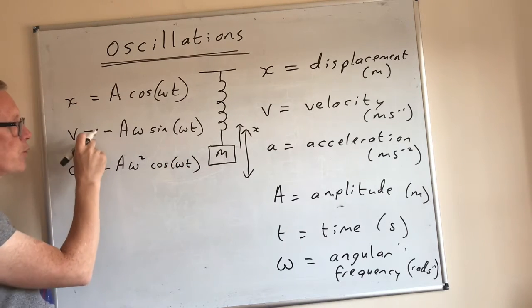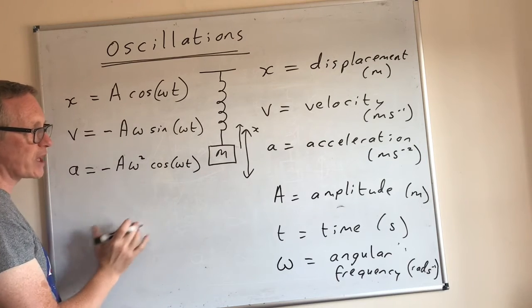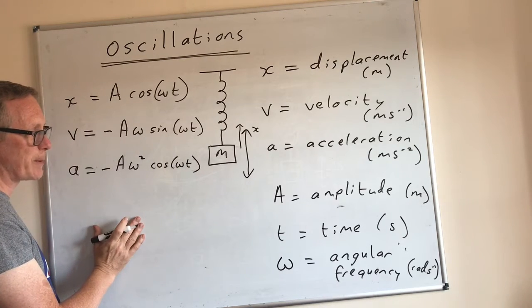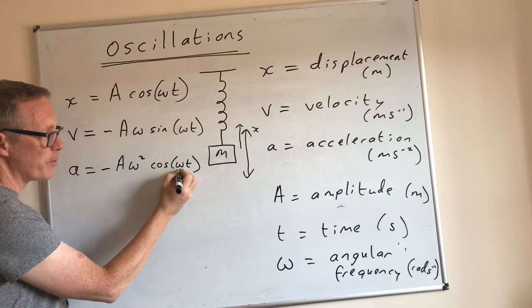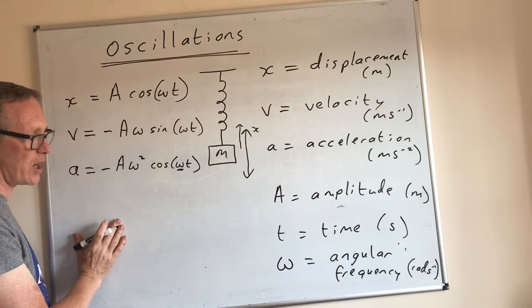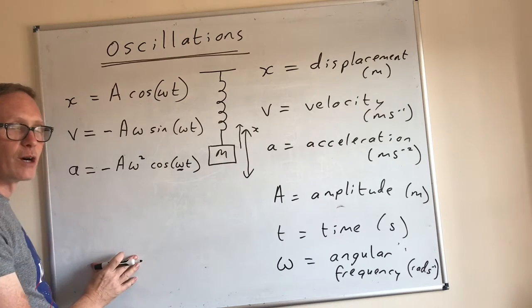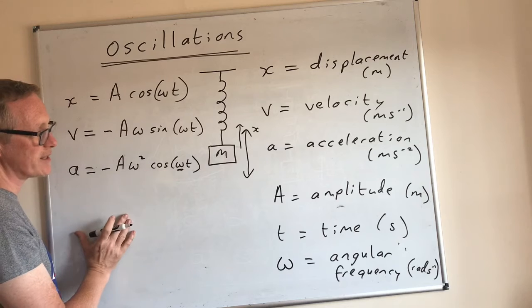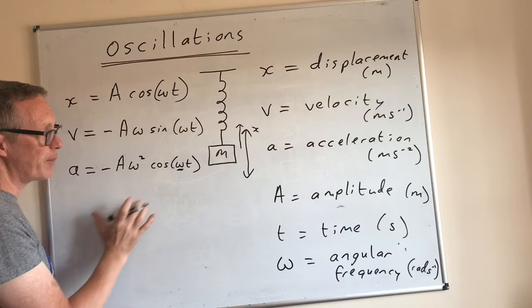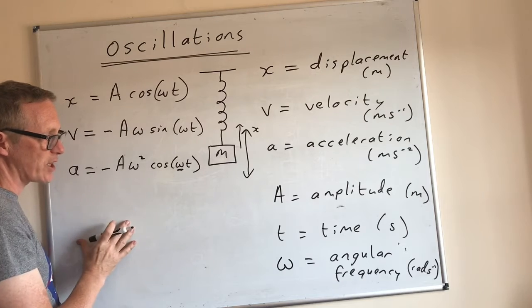These three equations predict the way that the thing will oscillate as time progresses. If omega is annoying you, I call it omega because it's the Greek letter omega. It looks a bit like a W, but more like bubble writing. Then we can have a look at what it actually is.